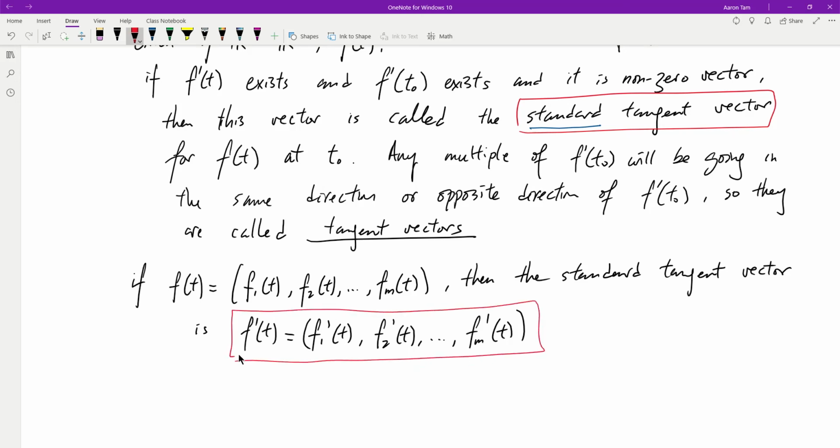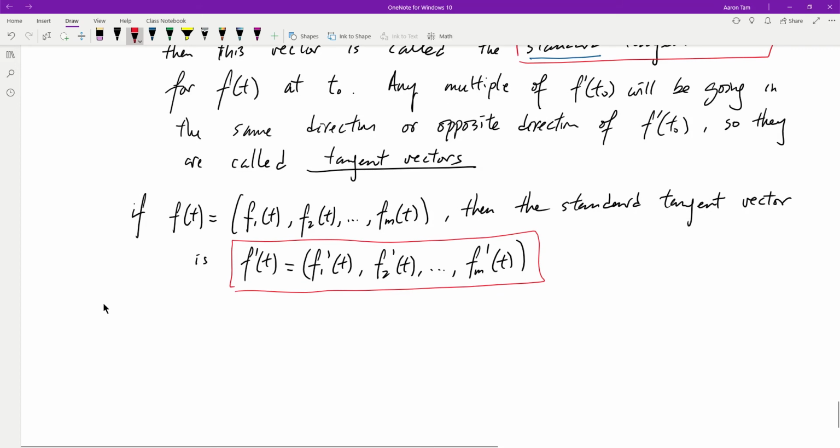So that defines what we call the standard tangent vector, which basically just takes the derivative of each of the coordinate functions.